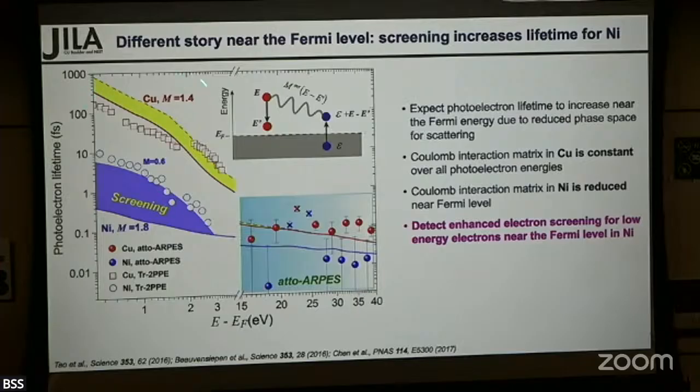Copper with a Coulomb interaction matrix of 1.4, you get very long photoelectron lifetimes. It's a filled d band, so of course the density of states for scattering is lower. So it makes sense.